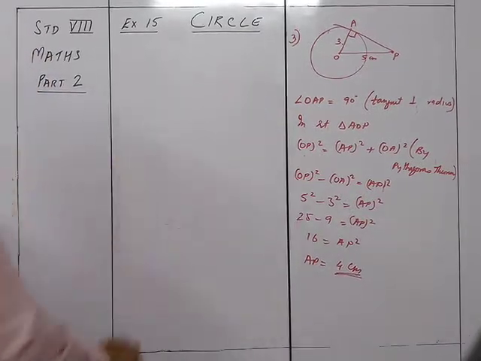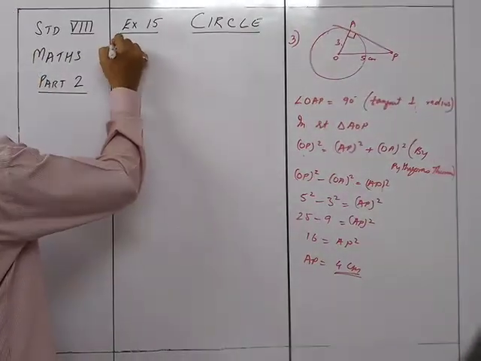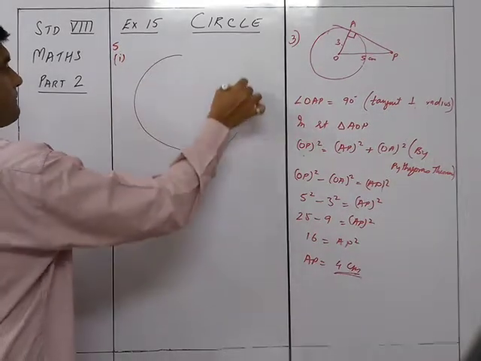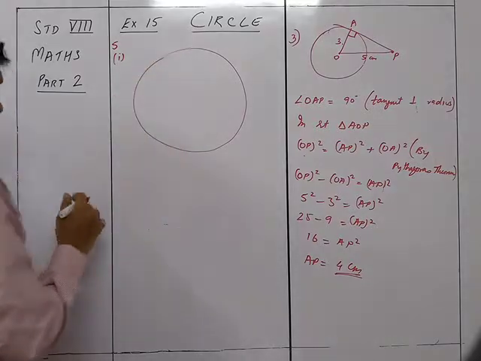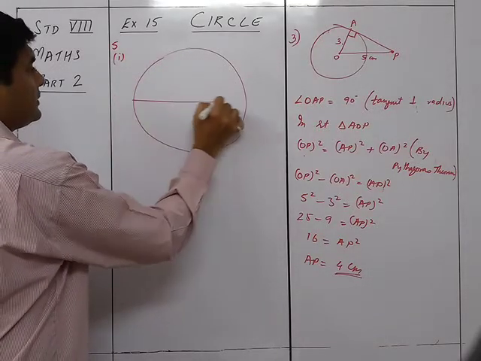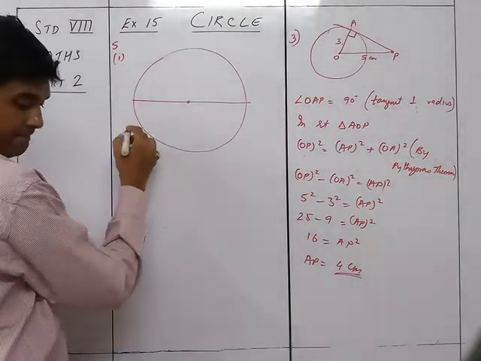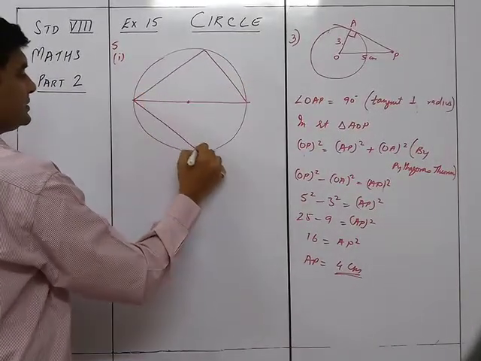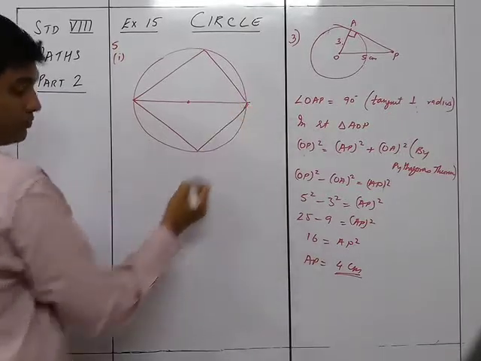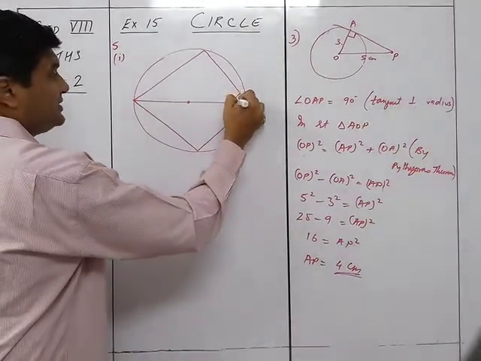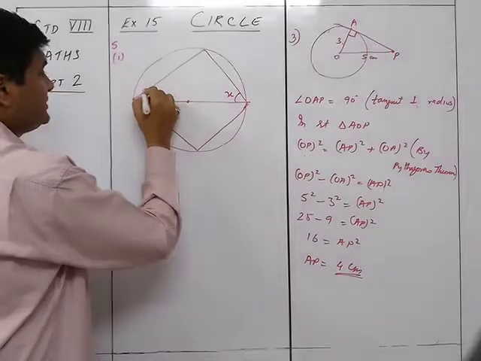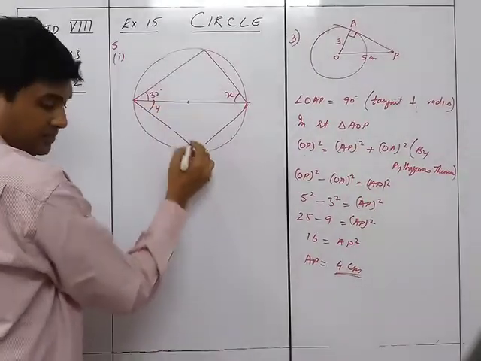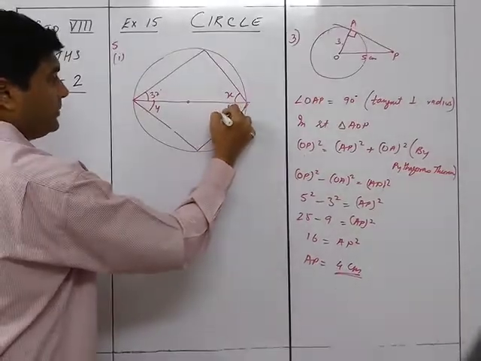So fifth, the first one. This is the circle, the diameter. You draw it like this. This is x, this is 32, this is y, this is 50.